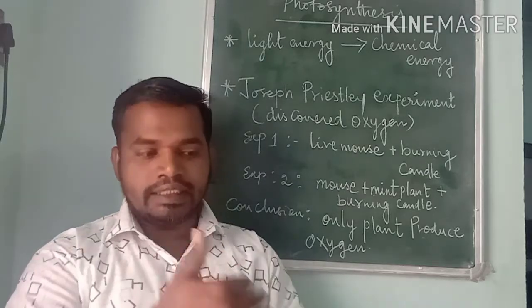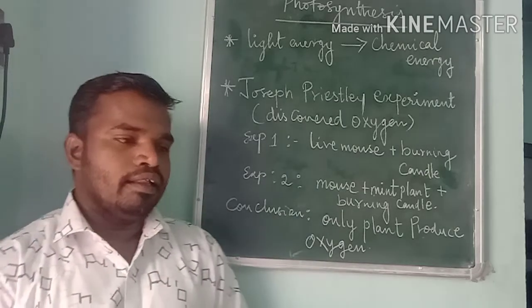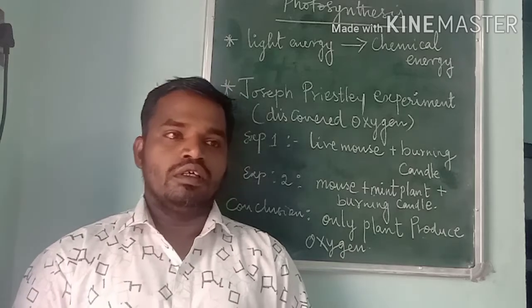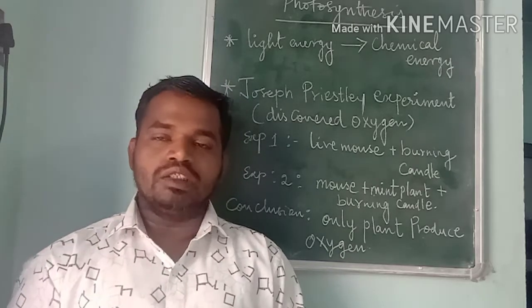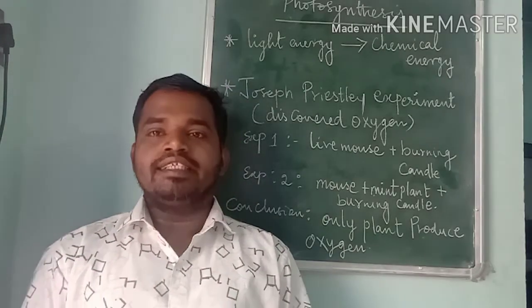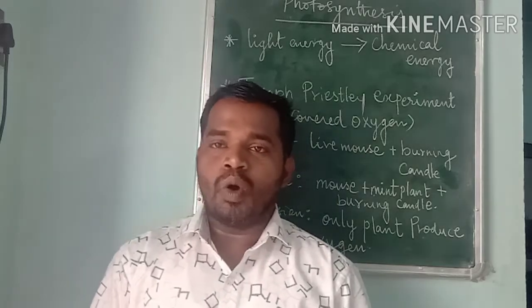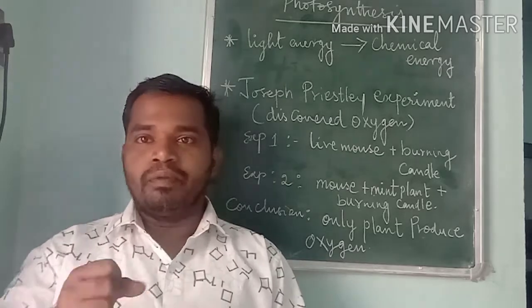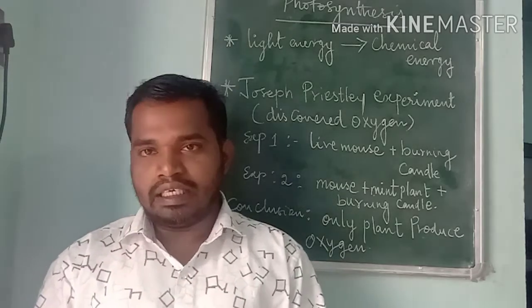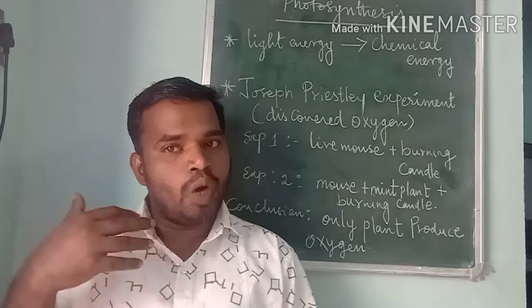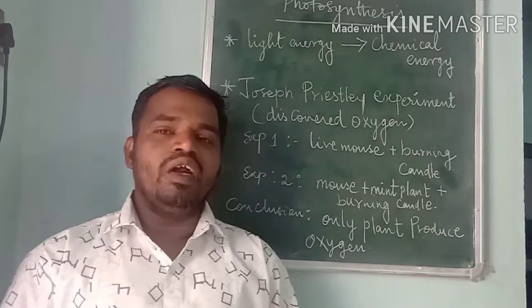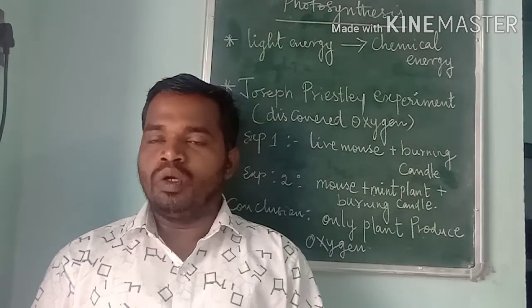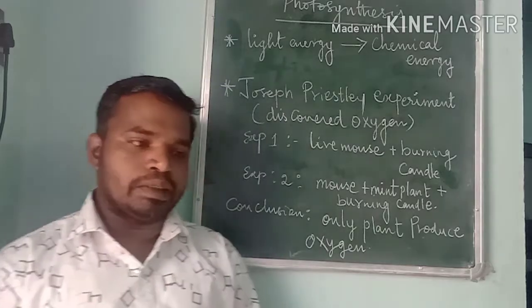In the previous experiments we explained that light is the energy source for plants to prepare their food, and T.W. Engelmann wanted to know which spectrum of the light is preferred by the photosynthetic plant. In order to find out the answer, he conducted an experiment.